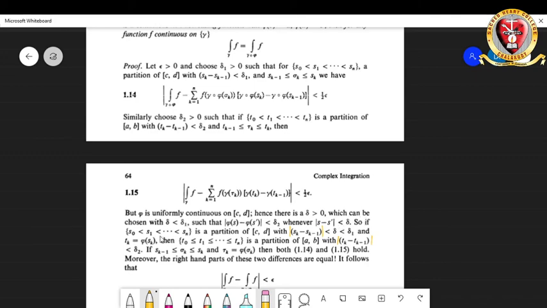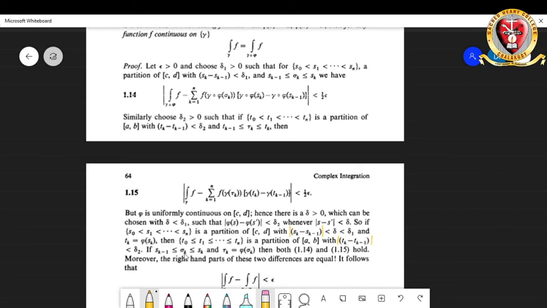So if the partition S naught strictly less than S1, strictly less than etc. Sn is partitioning closed interval CD such that the modulus here is strictly less than delta, strictly less than delta 1, and this Tk is equal to phi of Sk, then the partition T0, T1, etc. Tn is a partition of closed interval AB such that modulus of Tk minus 1 is strictly less than delta 2.